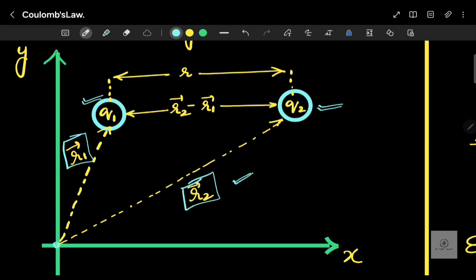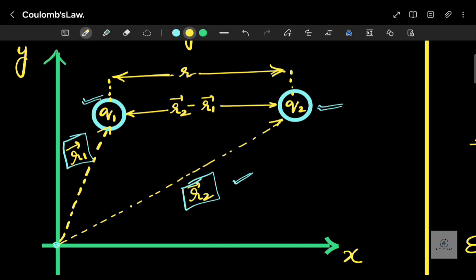We will discuss R1 vector and R2 vector again, but before that, let us assume that both charges are separated by a distance of R from each other.